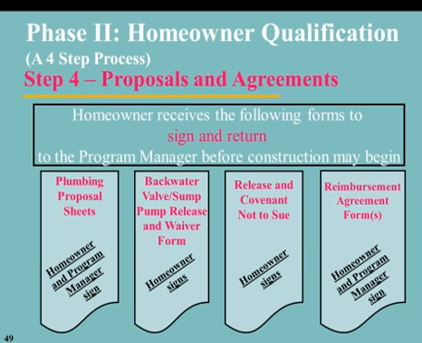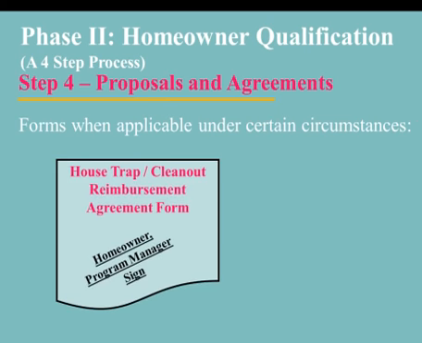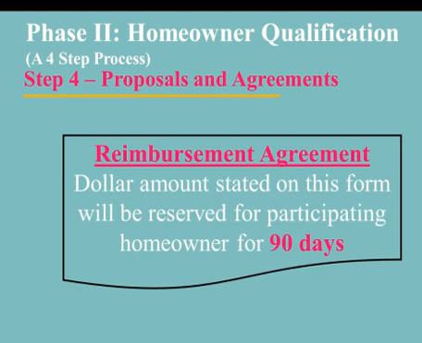And then various reimbursement agreement forms. If you've got a house trap, there'll be a separate reimbursement form, and a gray water separation reimbursement agreement form if you've got gray water connections. The dollar amount, this money is reserved for 90 days.